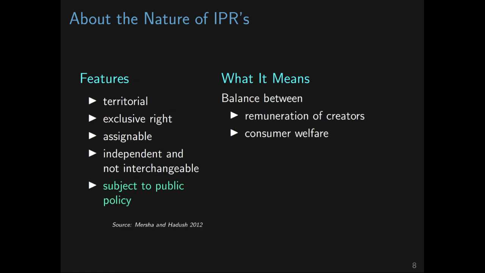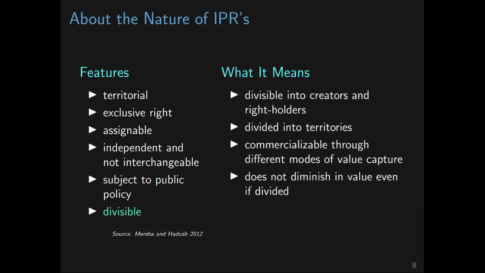Of course, like many rights that are defined by law, IPRs are subject to public policy, and usually public policy is concerned about balancing the reward of creators with the welfare of consumers who use the intellectual property. Intellectual property is also divisible, but even if it is divisible, it does not diminish in value.